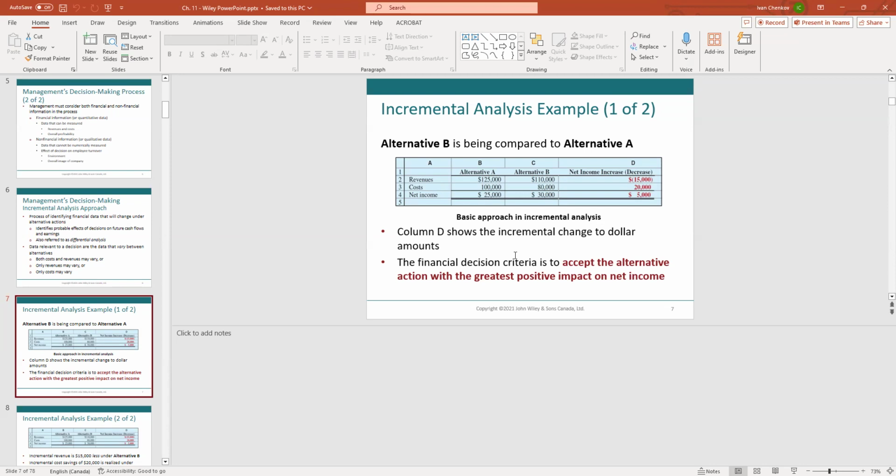Yes, Professor. So do you understand why the second alternative is better than the first alternative? Because with the second alternative, you're going to generate $15,000 less revenue, but you're going to save $20,000 on cost, which is going to give you $5,000 net income.